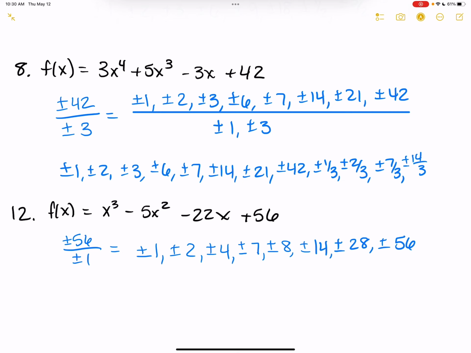Minus 5x. There's actually a squared button on the left, so you can hit that, or you can do the caret. Minus 22x plus 56.